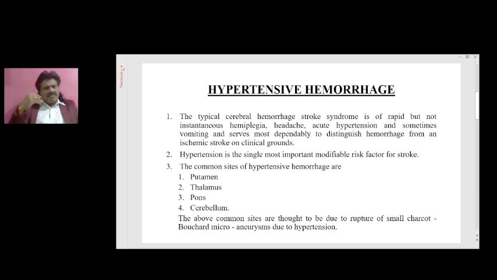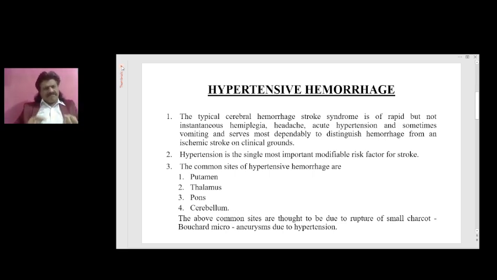And there will be acute hypertension. Hypertension is the single most important modifiable risk factor for stroke, and for hemorrhage it is the most important risk factor. So there will be acute hypertension and sometimes vomiting, and this serves most dependably to distinguish hemorrhage from an ischemic stroke on clinical grounds. It is very difficult to differentiate when a person presents with stroke whether it is ischemic or hemorrhagic, but there are certain clues.